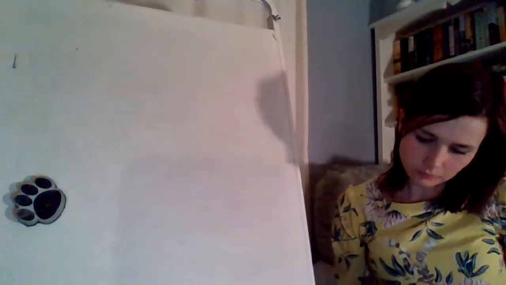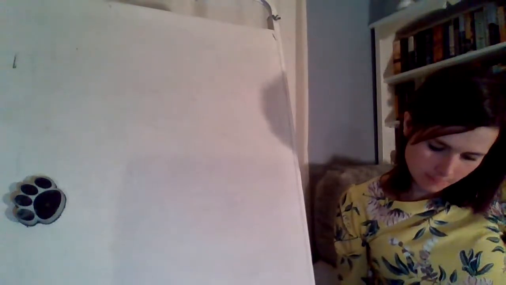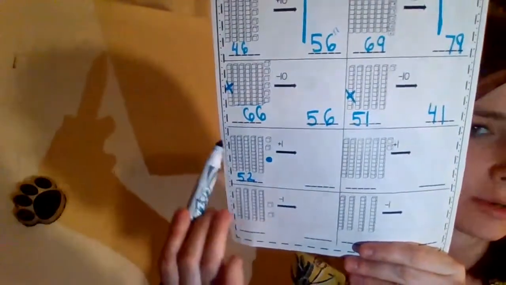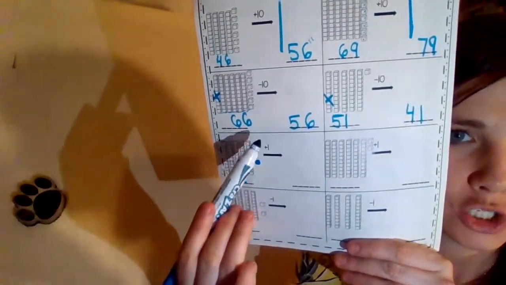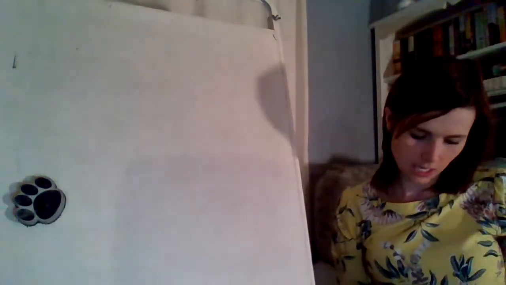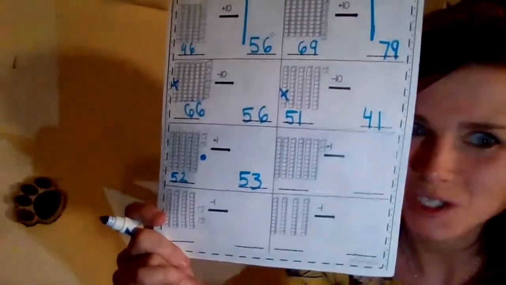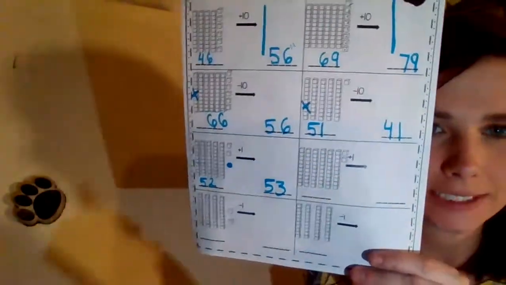And we want to draw one more. And I'm going to draw a circle. I think it's easier. So now we have 52. One more than 52. So we have 52, 53. 53. Yes, 53. And we'll write that on the line. Nice job. All right, let's go to the next one.